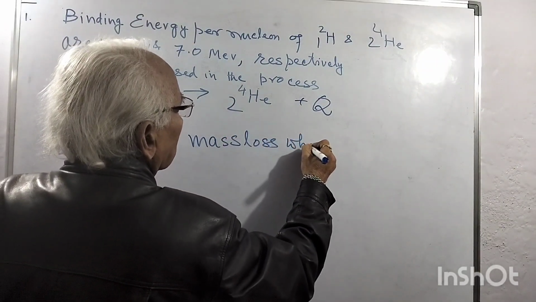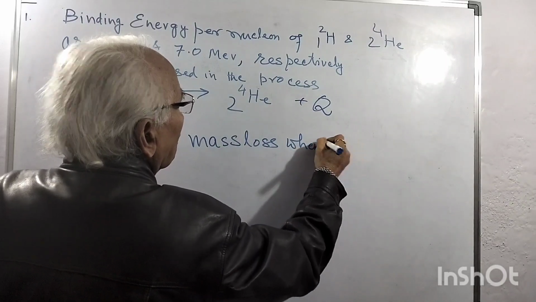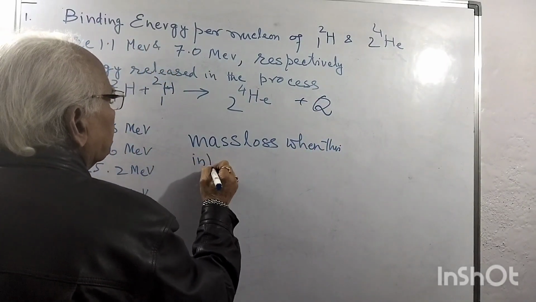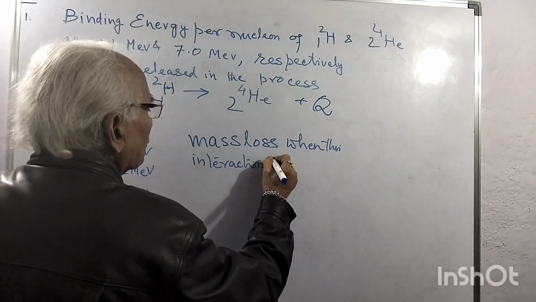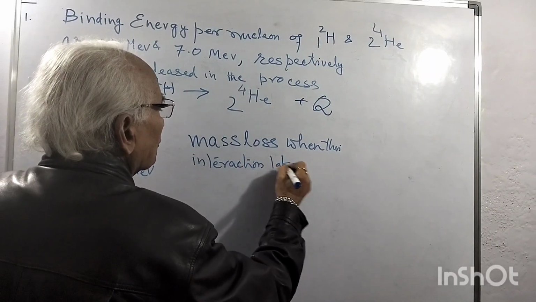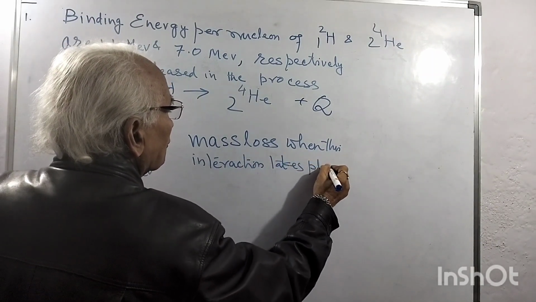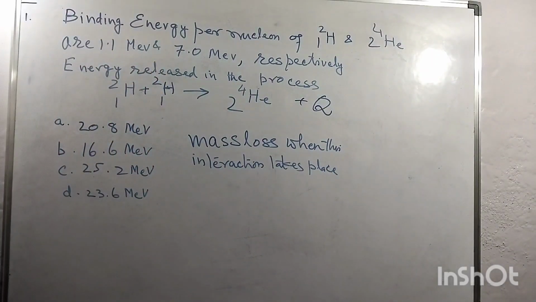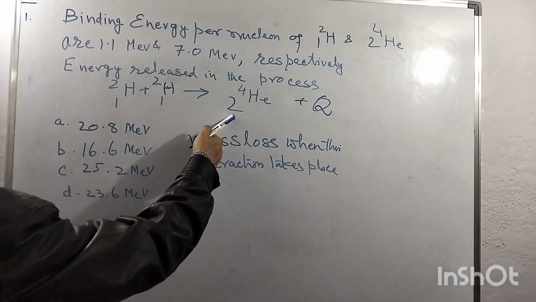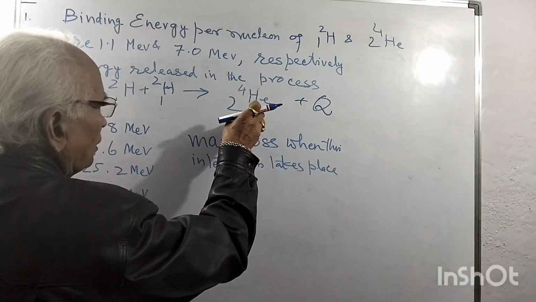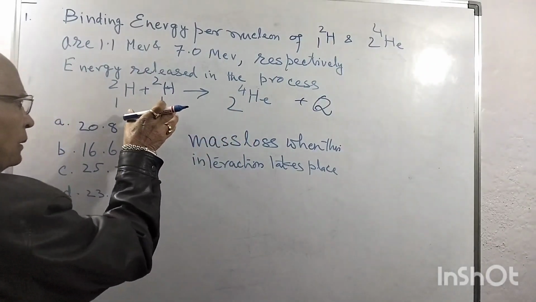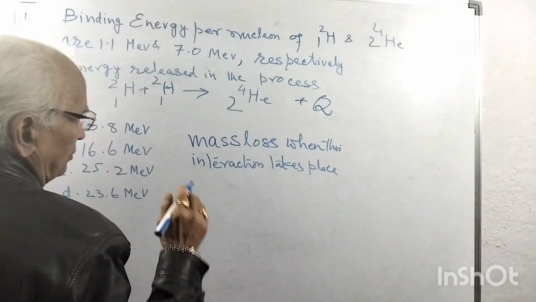When this interaction takes place, how much? Remember, for this it is 7 MeV per nucleon. So 28. So here, that is the mass difference of the two sides.